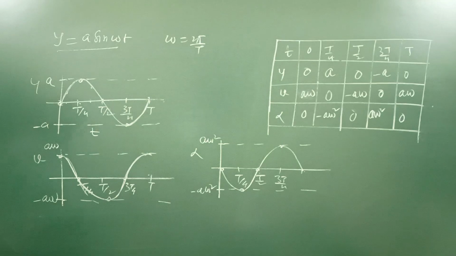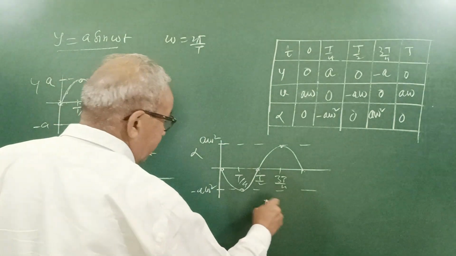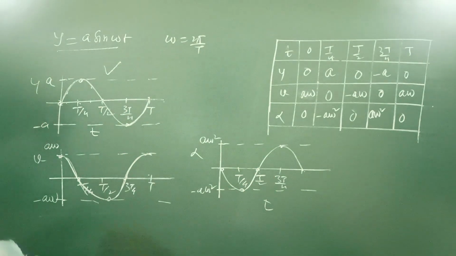So if we compare the yt graph with the alpha t graph, we find that they are in opposite direction.